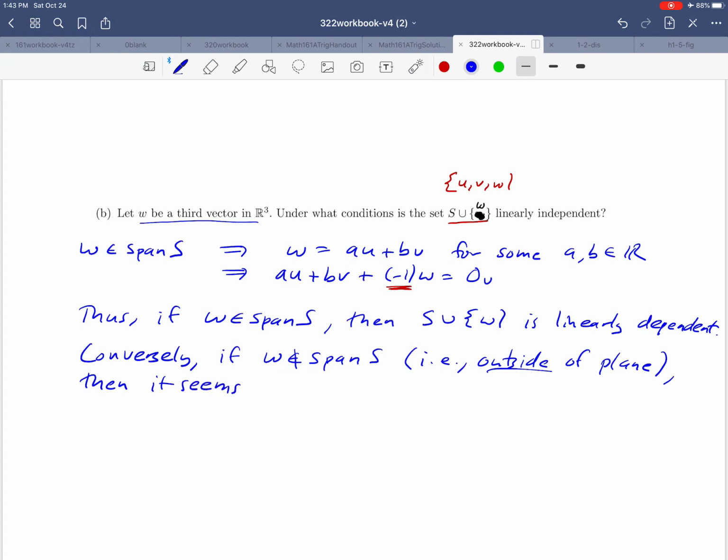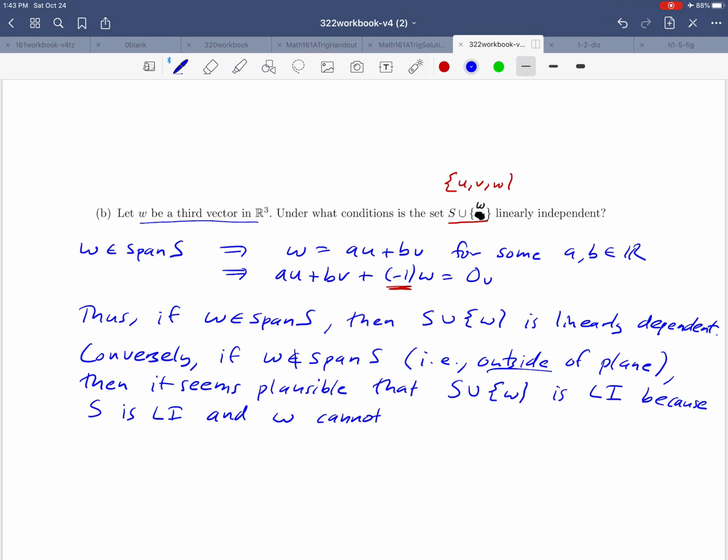It seems plausible that would mean that S union W is linearly independent, I'm going to use that abbreviation LI again, because S is linearly independent and W cannot be written as a linear combination of U and V. We know it can't be a linear combination of U and V because we made the assumption that W is not in the span of S. It's outside of our plane. Again, I'm going to let you think about that statement and why it might be conceptually reasonable.